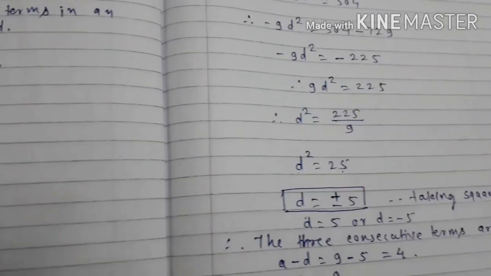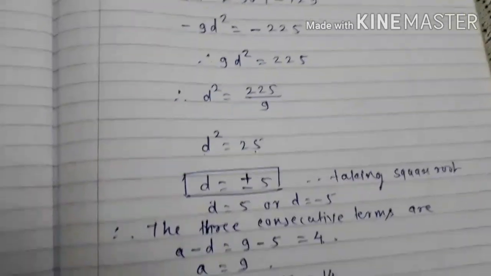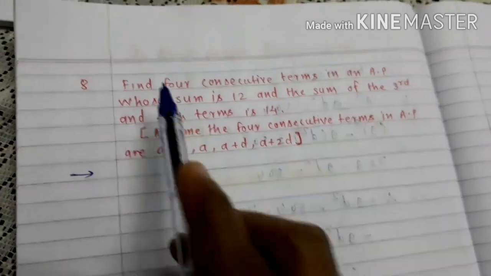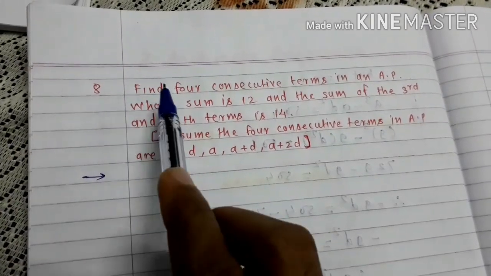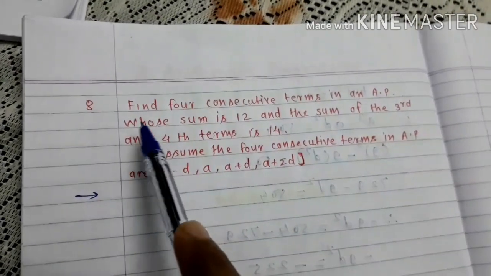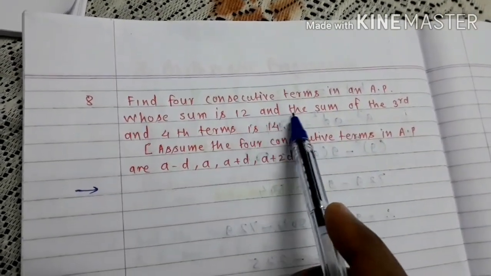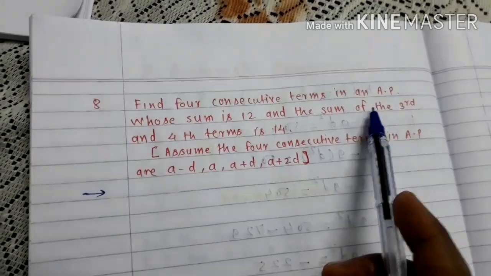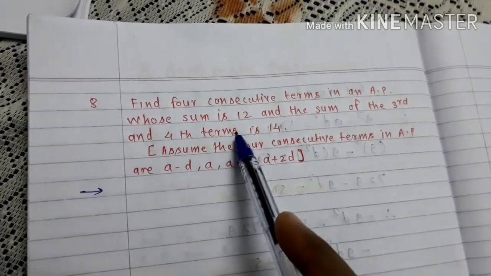So next question. Question number 8. Find 4 consecutive terms in an AP whose sum is 12 and the sum of the third and fourth term is 14.